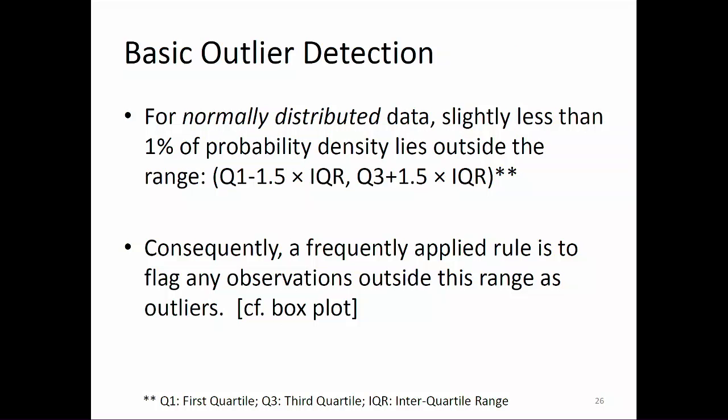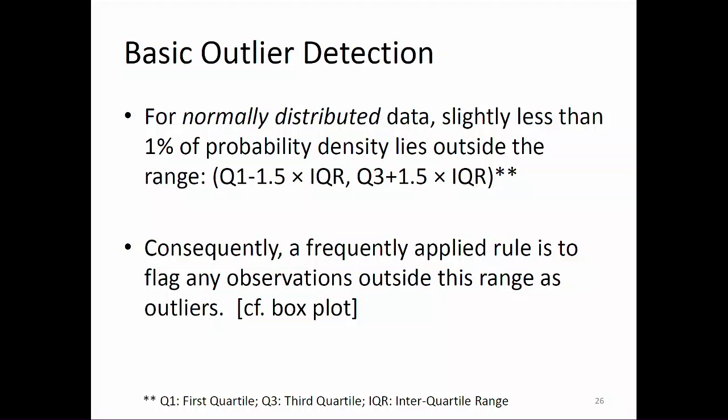This is also the basis of outlier detection, those little dots on the box plots we saw before. So for normally distributed data, slightly less than about 1% of data lies outside this range: the first quartile minus 1.5 times the interquartile range. Interquartile range is just the length of this box, right?